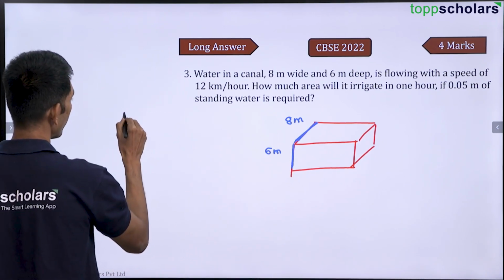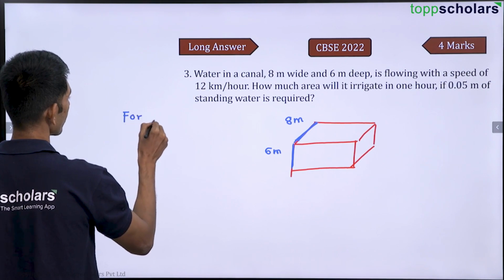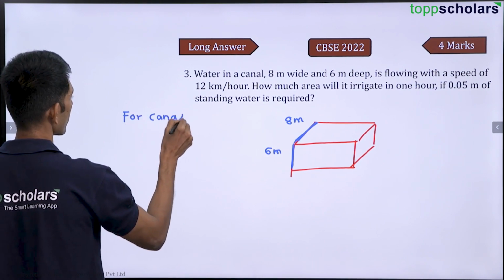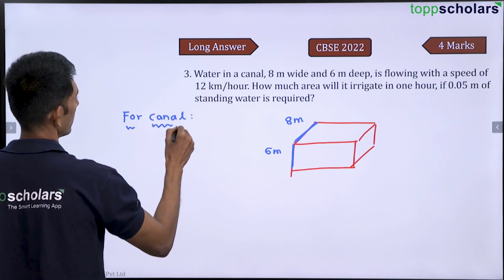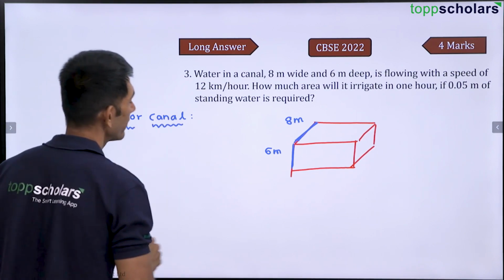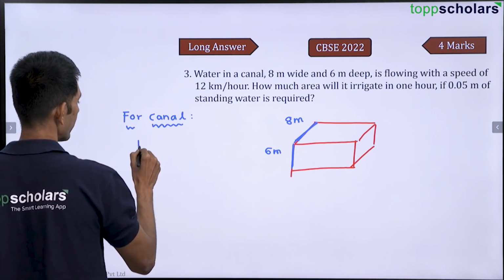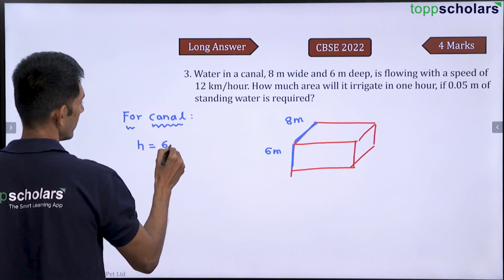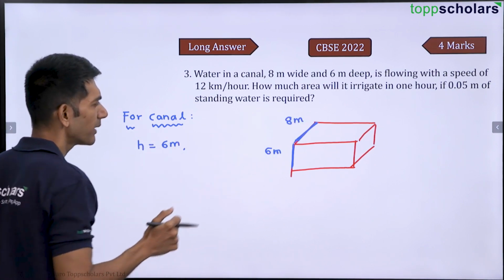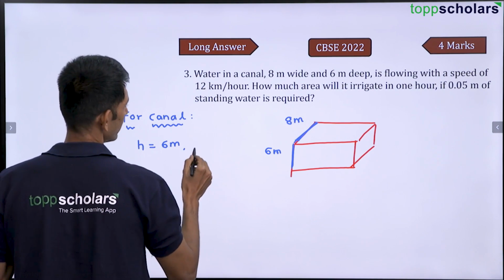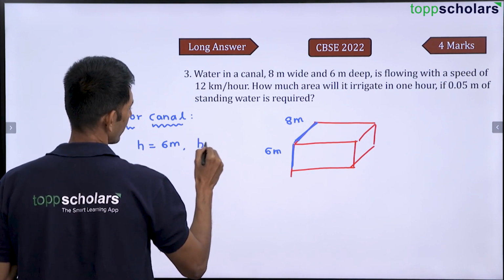So can I say for the canal, what is given? It is given that the height is 6 meters and this particular part, that is your breadth, you can say.